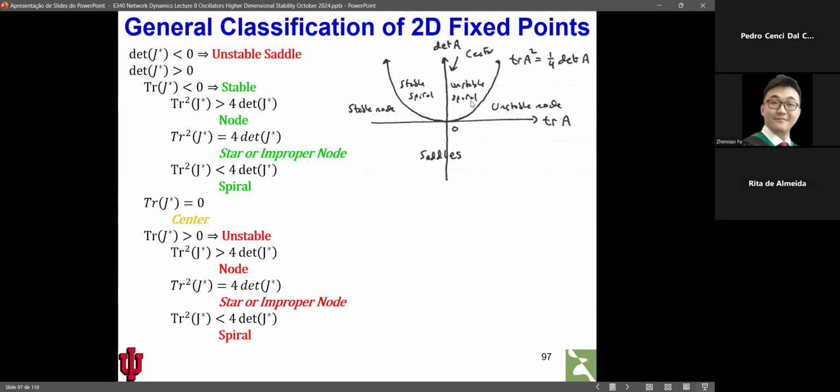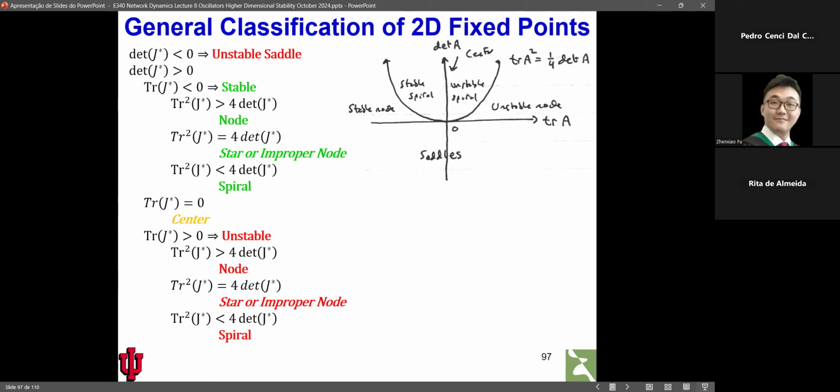Okay, so here you have the data in the trace and determinant array, right? And this is maybe a good way to see what's happening. This figure tries to summarize everything.